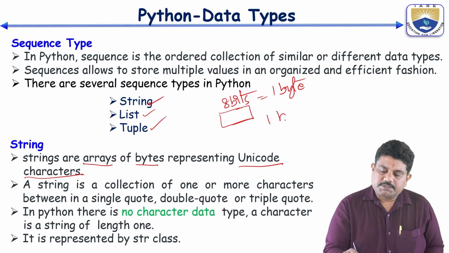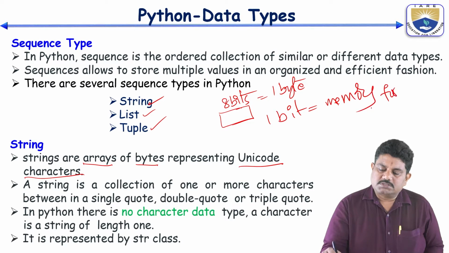Then what is 1 bit? 1 bit is nothing but memory for storing either 0 or 1.